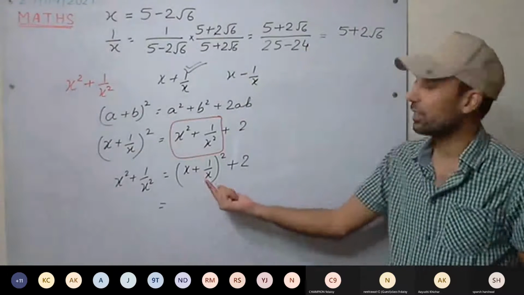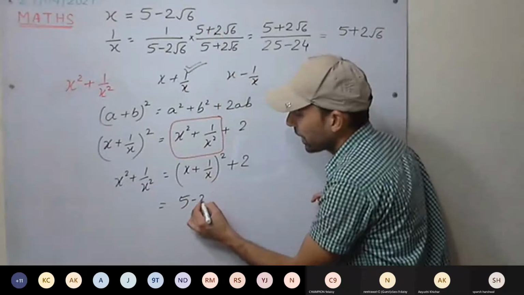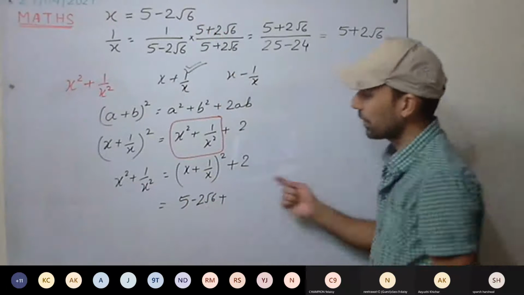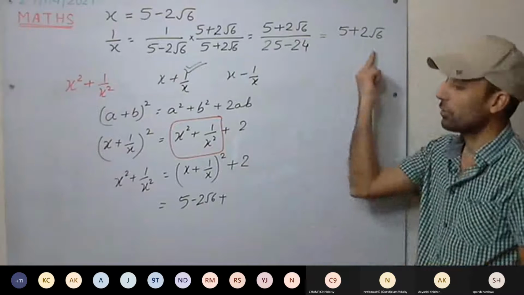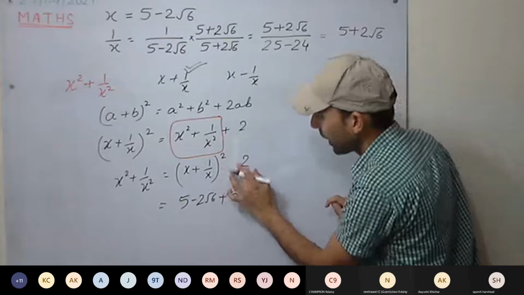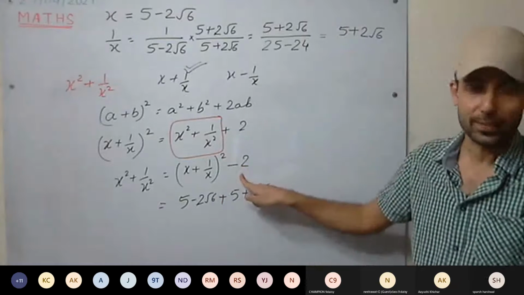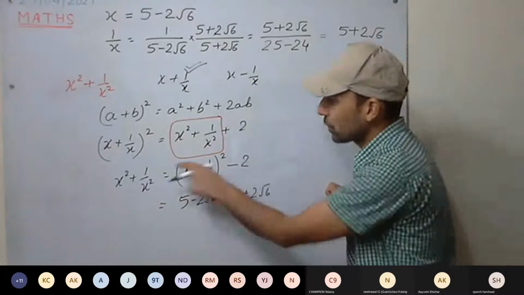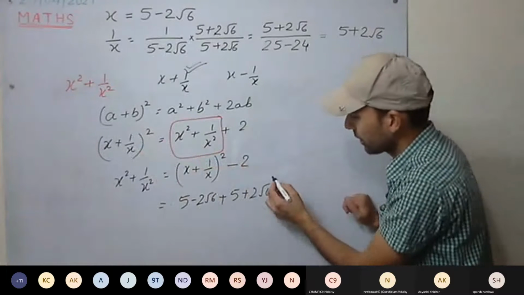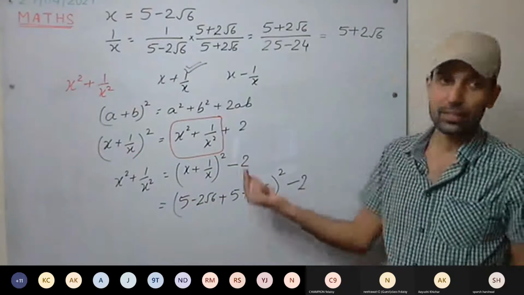Put the value of x and 1 upon x. x value is 5 minus 2 root 6, plus 1 upon x, 5 plus 2 root 6. Here it will be minus, we are taking 2 on that side, so it will be minus. All square minus 2. Pay attention in the class.